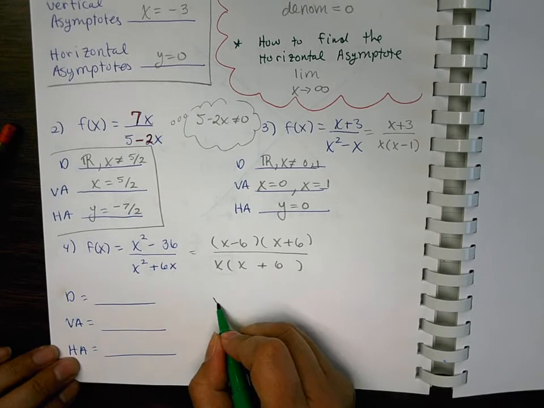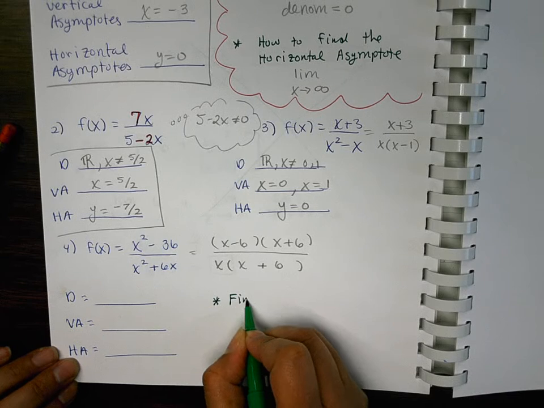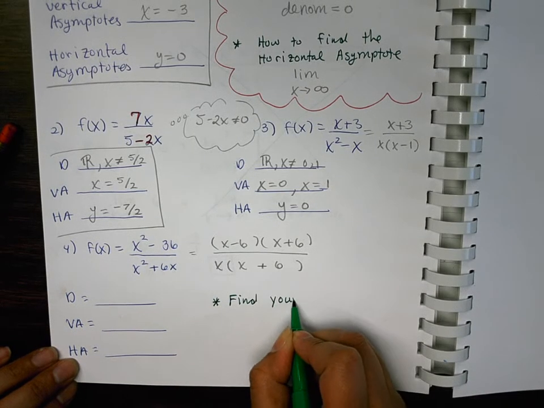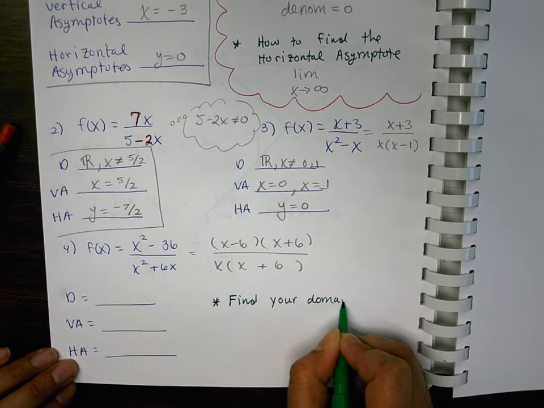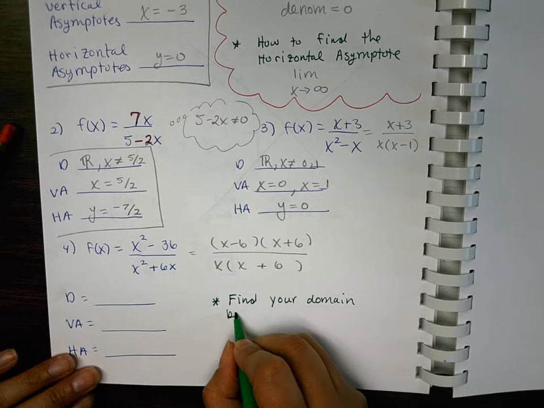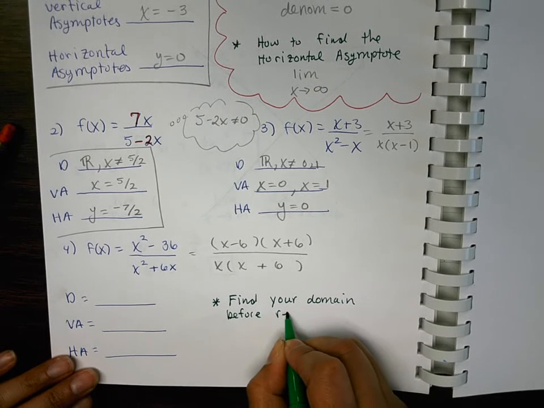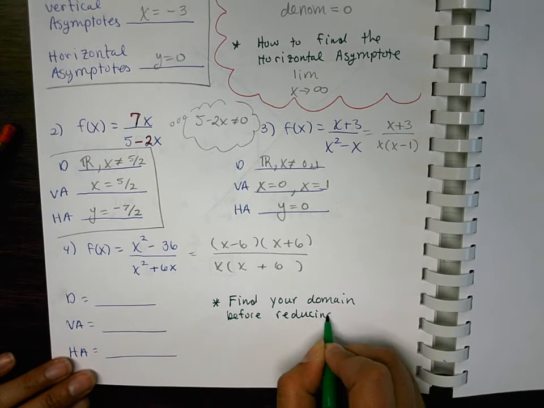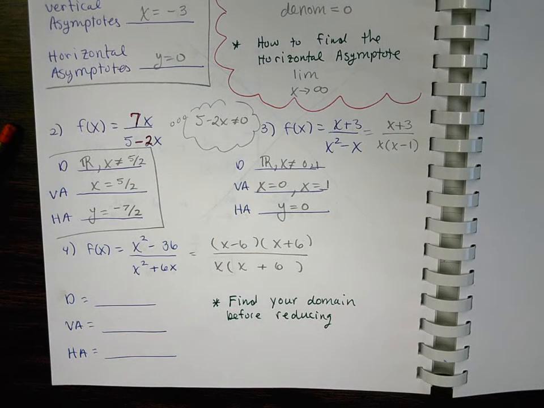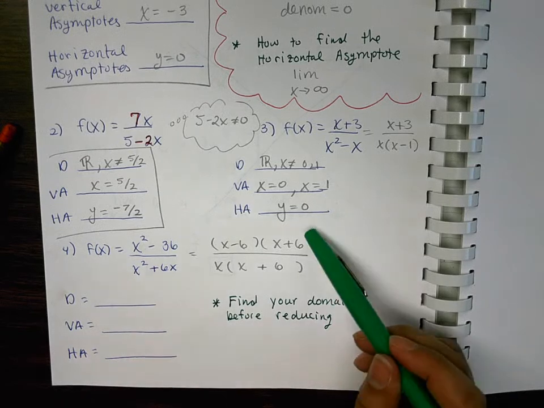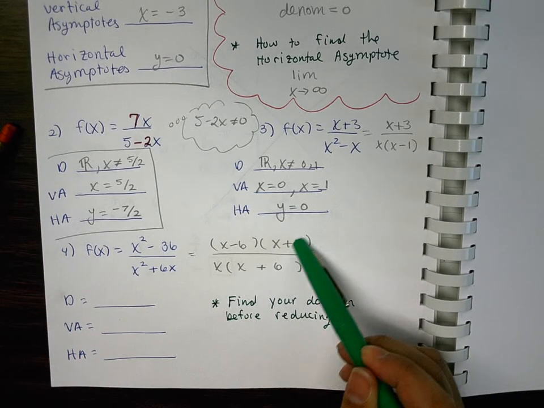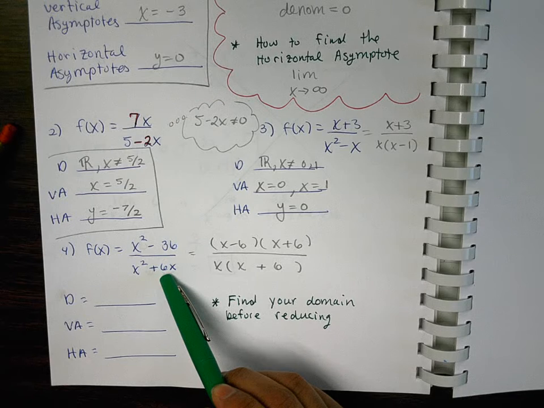You will always find your domain before reducing. The reason is, even if you cross out the x plus 6, it's still a restriction in the original problem. Do you agree?